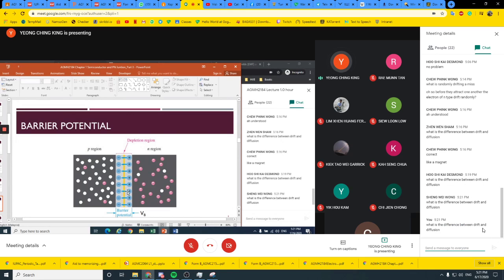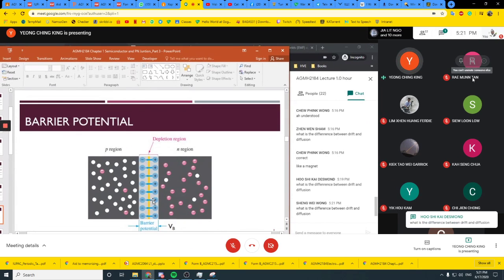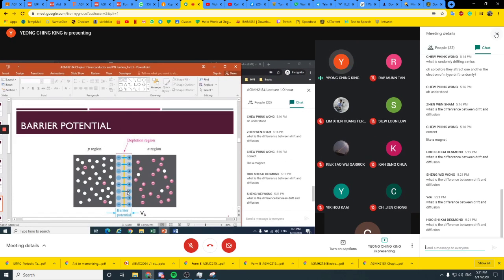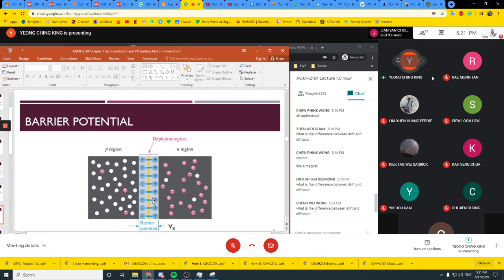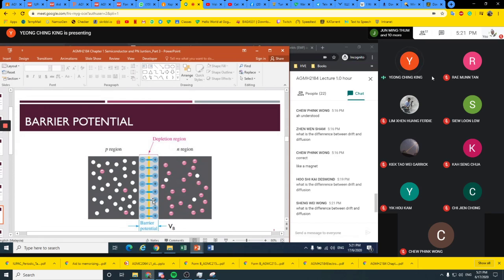The potential difference of the electric field across the depletion region is the amount of voltage required to move electrons through the electric field. This potential difference is called the barrier potential, and usually we express it in the unit volts.